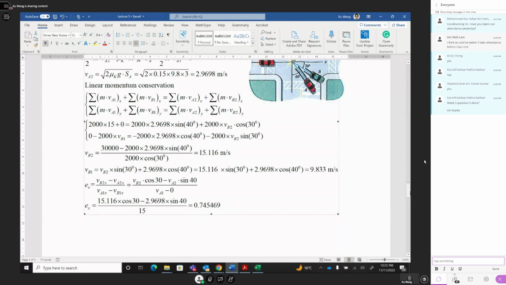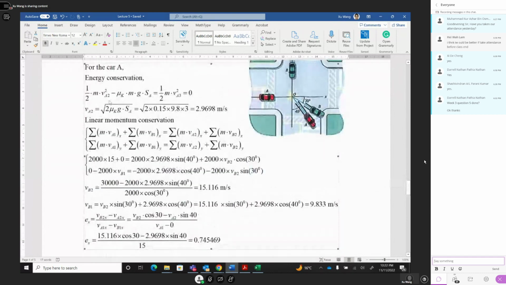That's how this problem is solved. First, from the friction work consuming the kinetic energy, find VA2. Second, you use the horizontal direction and the vertical direction. Before impact and after impact, the momentum should be equal to each other. To get the two equations, you solve VB1 and VB2. That's how to solve this problem.